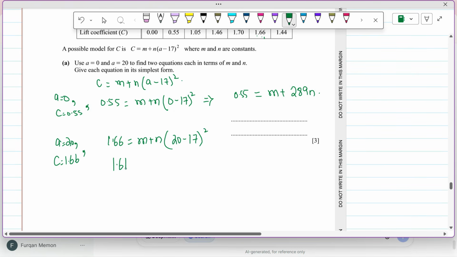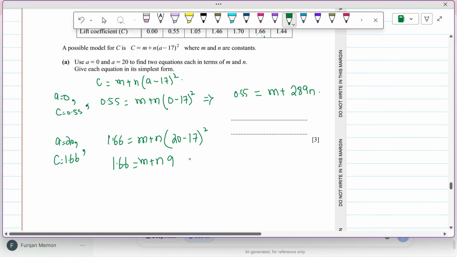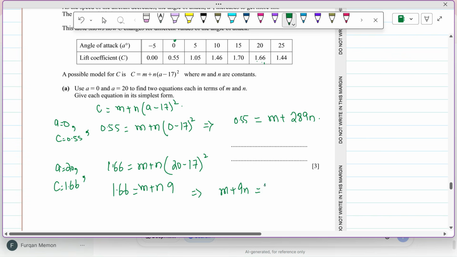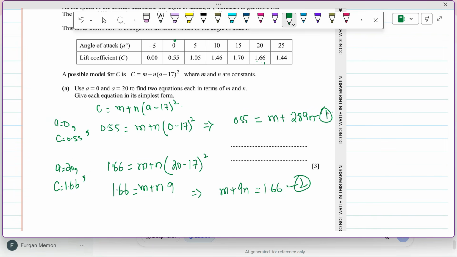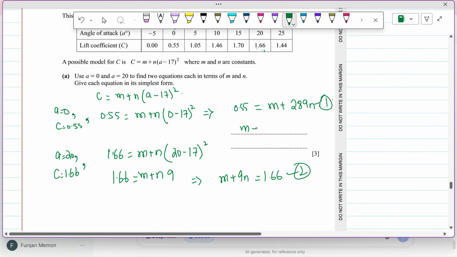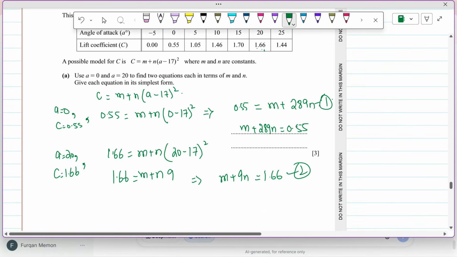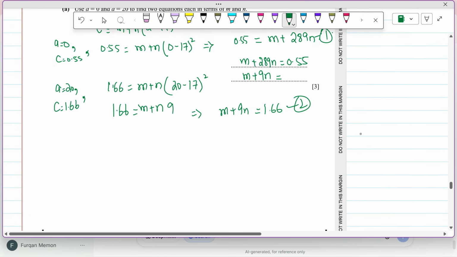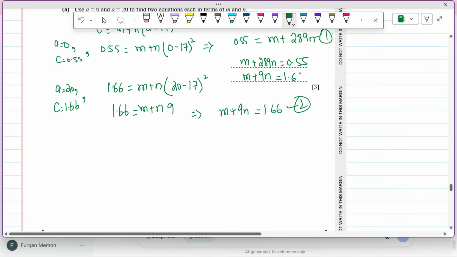So 1.66 equals m plus n, and 20 minus 17 is 3, 3 squared is 9. So we will see that m plus 9n equals 1.66. So this one is equation 2 and this one is equation 1. So m plus 289n equals 0.55, and m plus 9n equals 1.66.